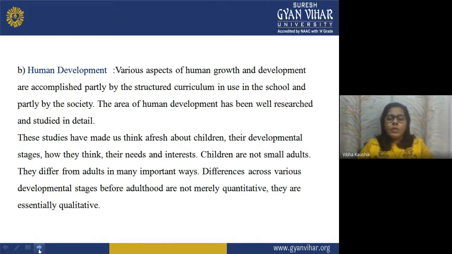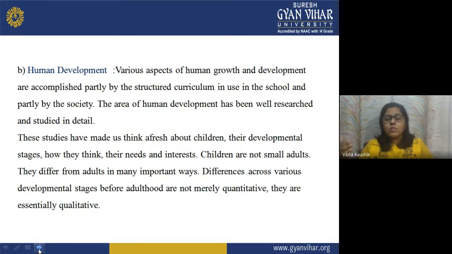The area of human development has been well researched and studied in detail. Means what are the areas of human development, and in that area so many researches have been done. These studies have made us think afresh about children, and the researches which have been done in the area of human development have made us think about their development stages.